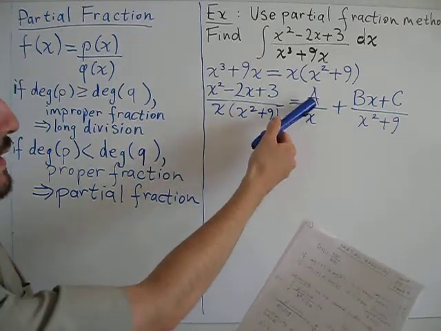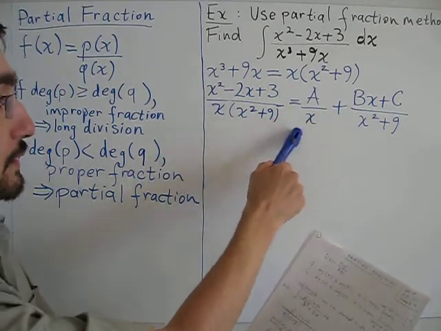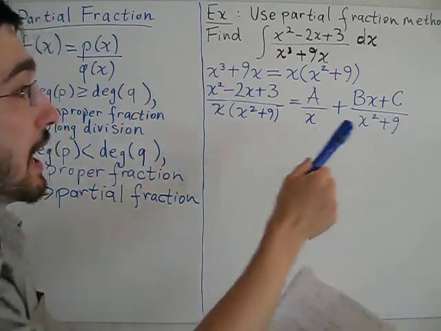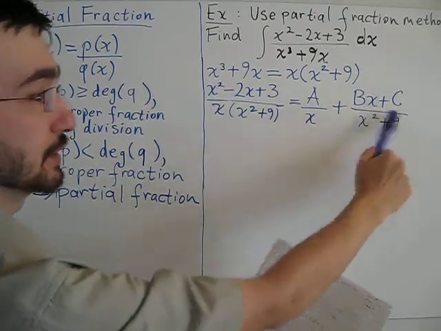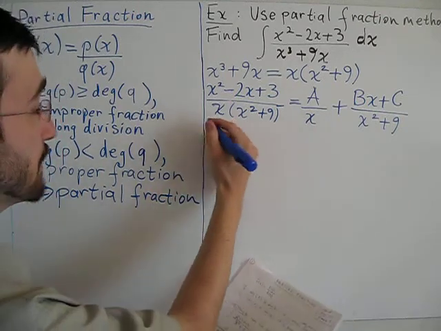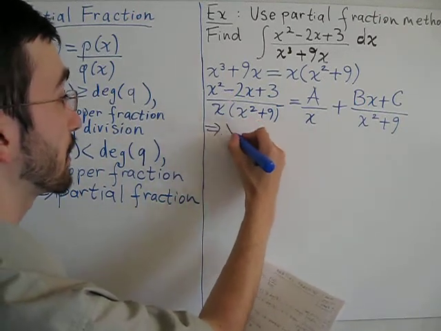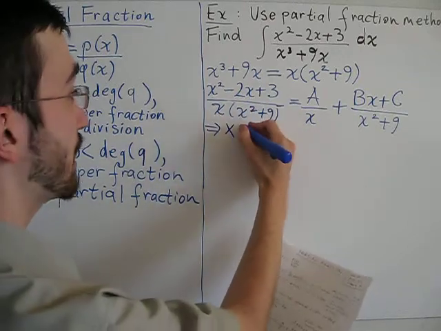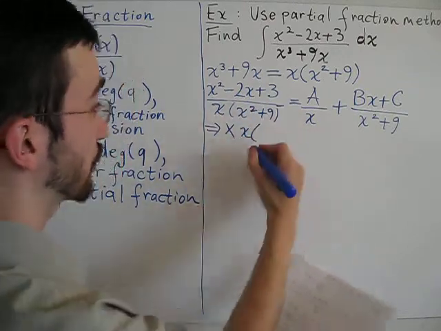So we use the constant term for the linear denominator, and we use Bx plus C, the linear term, for the quadratic denominator. So the next step is to multiply both sides of the equation by x times x squared plus 9.